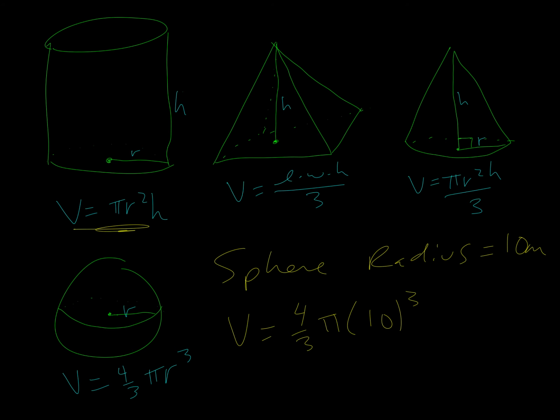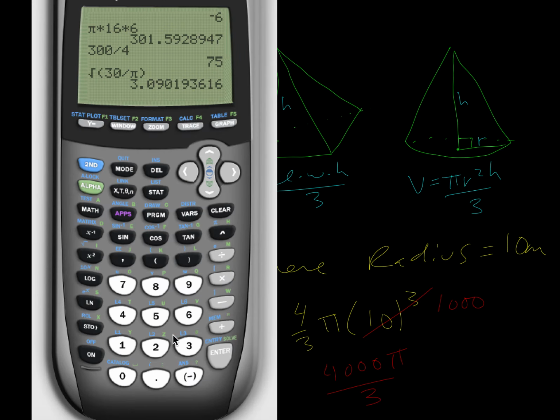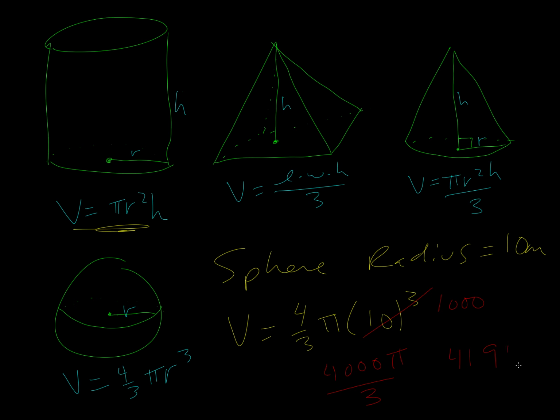We just need to simplify that. 10 cubed is 1,000, and 1,000 times 4 is 4,000 pi thirds. Then we plug that into a calculator: 4,000 times pi divided by 3. We get 4190 if we go to 3 significant figures. And the units on that volume are meters cubed.